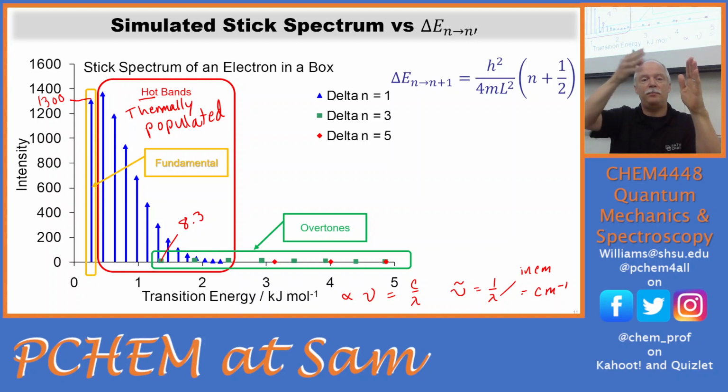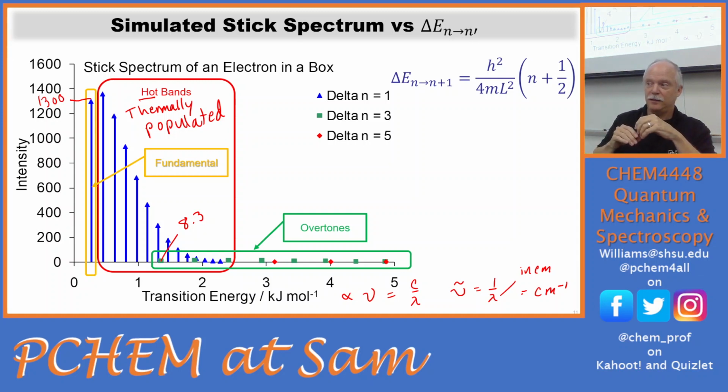So I could take these peaks, and if I peak picked them, and you'll do this in lab in about 4 weeks, if I assign quantum numbers to these peaks, and I do a linear regression to get the slope of those quantum numbers, notice this looks like a linear equation, and this is the slope. Y equals m, and this piece right here is x.